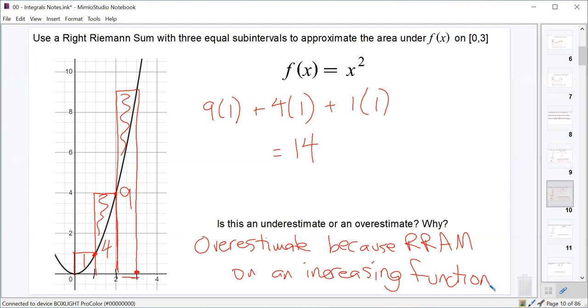And we now know that a lower limit for what this true value might be is 5 from the left approximation, and an upper limit on what it might be is 14 from the right approximation.